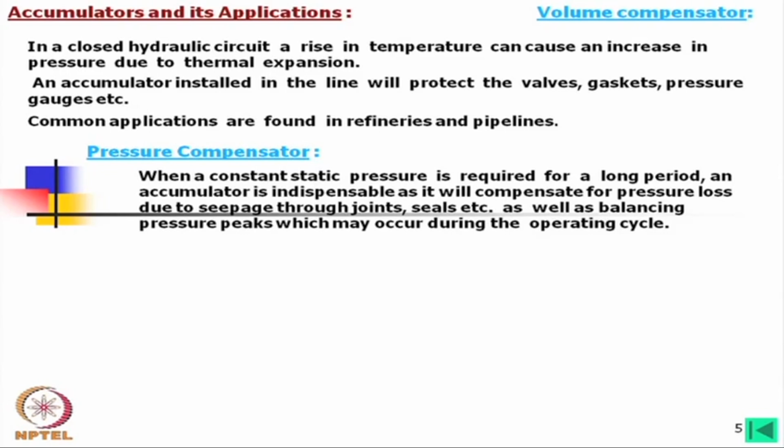Now, we will think of the pressure compensator. When a constant static pressure is required for a long period, an accumulator is indispensable, as it will compensate for pressure loss due to seepage through joints, seals, etc., as well as balancing pressure peaks which may occur during the operating cycle.